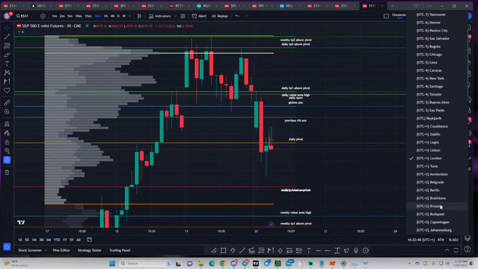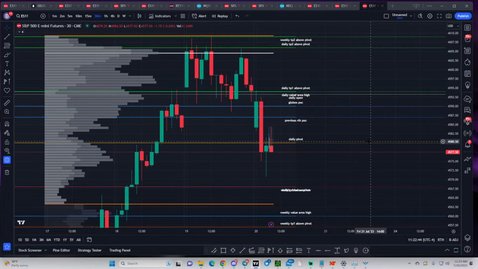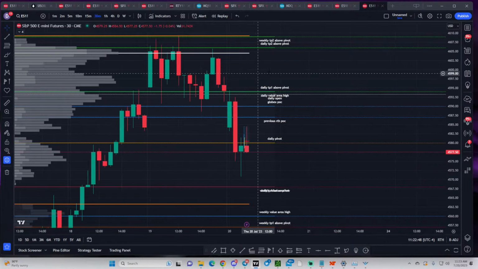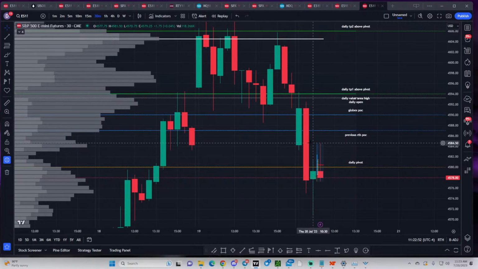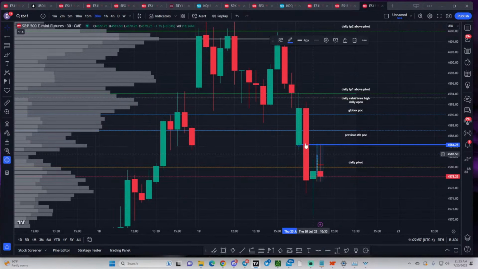Let me make sure that I'm at the right time. I'm not in London. I'm in New York. So here, the candle that pushed up, guys, and the ES, this is the opening price for the ES right here. The candle that pushed up just hit the TP1.